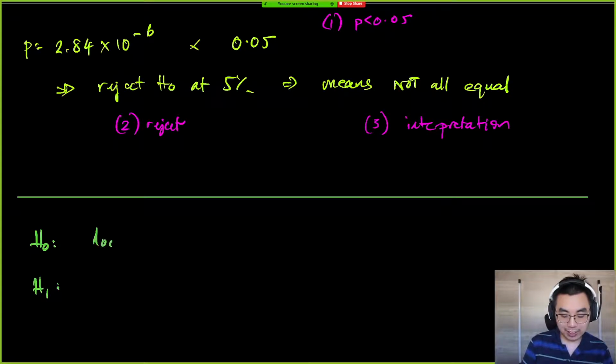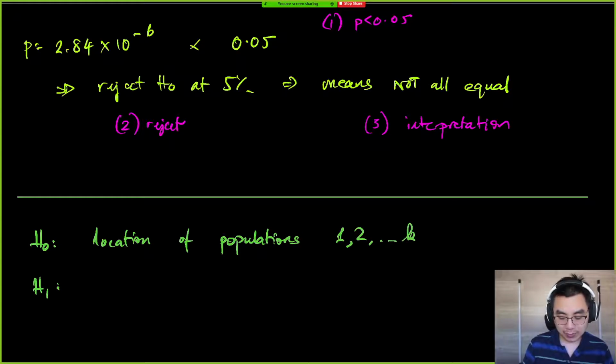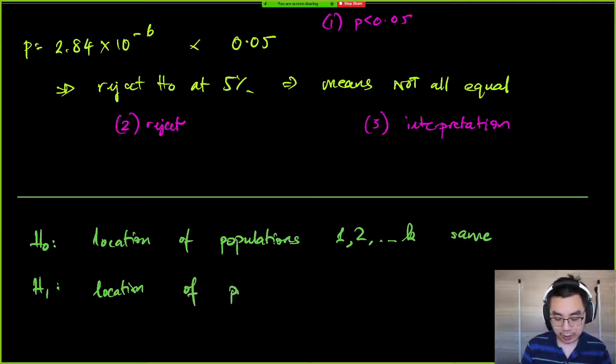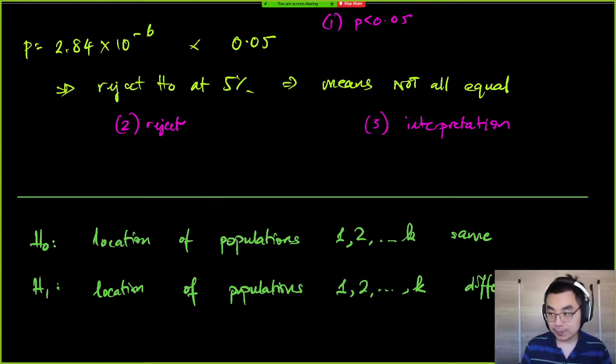H0 tests that the location of populations 1 to k is the same, where location really refers to median. You can use those terms interchangeably. And H1 is that the location of the populations 1 to k are different.